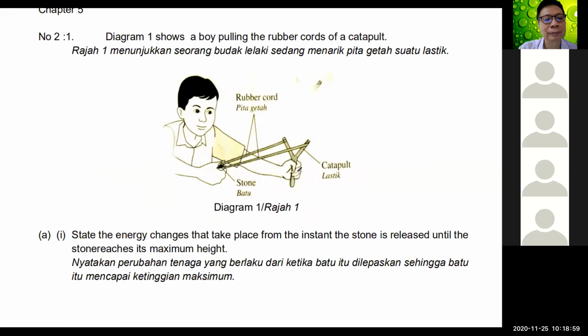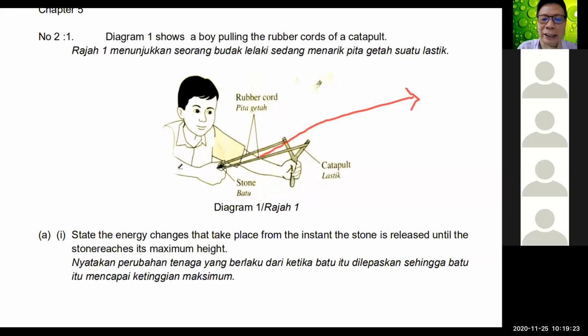Okay, so you can see here when the boy pull the elastic, right? Pull the rubber cord and then release, then the stone will fly very, very far. Correct not? Okay. The reason is that when the boy pull the elastic cord, you have elastic potential energy.